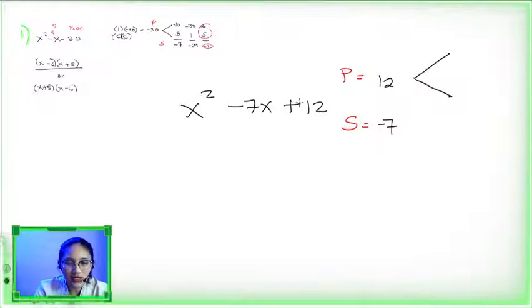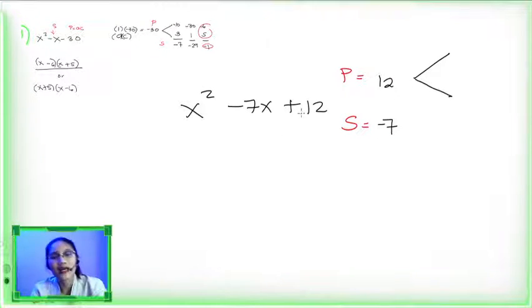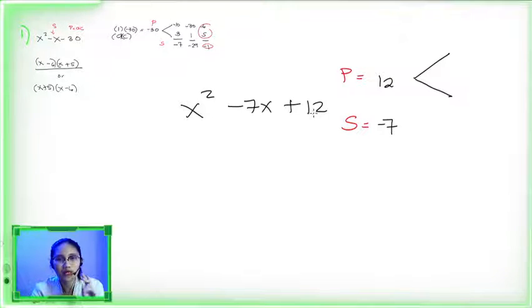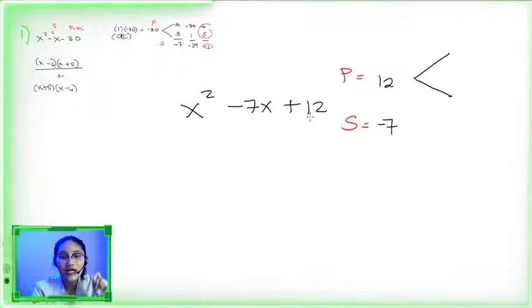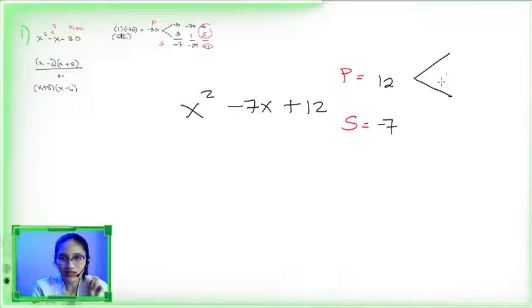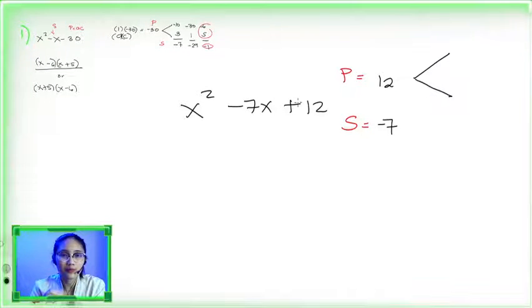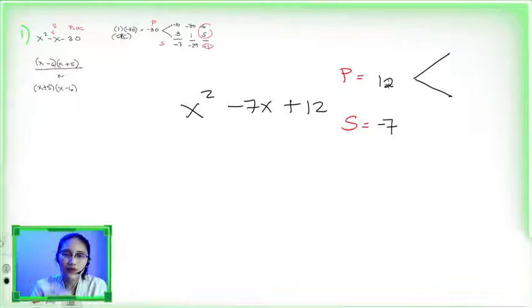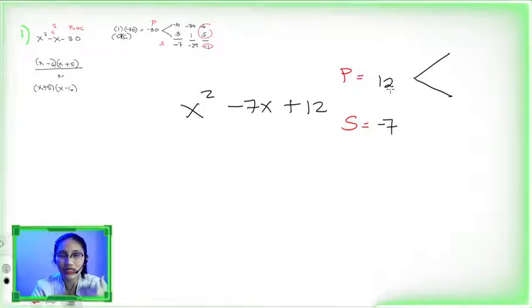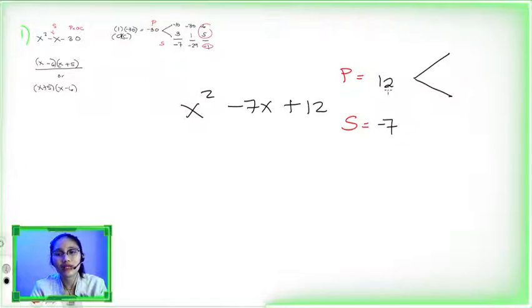So now since the product is 12, pwedeng yung two numbers ay parehas na positive or parehas na negative. So in that case, madami tayong choices ng numbers. We have 6 and 2, 12 and 1, 4 and 3. We also have negative 12, negative 1, negative 6, negative 2, negative 4, negative 3.